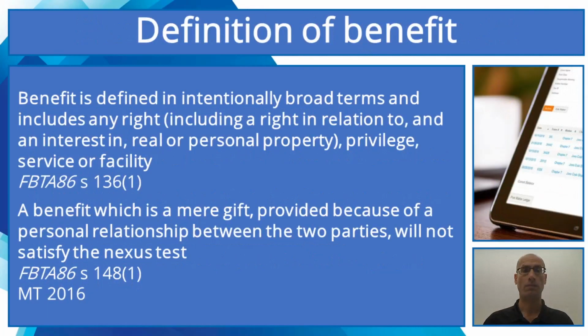Thus, while this definition of benefit is very wide, the legislation specifically provides that mere gifts will not satisfy what they call the nexus test. So this nexus test is the relation between the benefit and the employment as part of that. But the type of benefit that it could be is expressed very, very broadly.